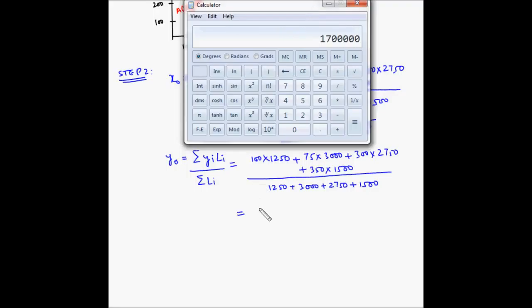So the numerator is 1700000 divided by the denominator, which we had found out earlier, 8500. So this is equal to 200. So the y coordinate of the new facility is 200.